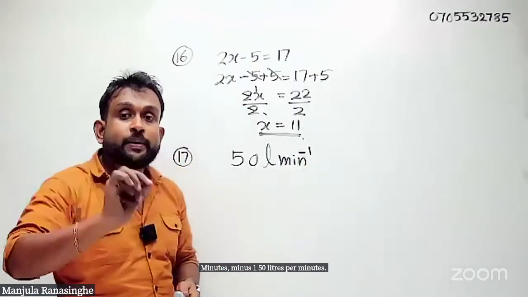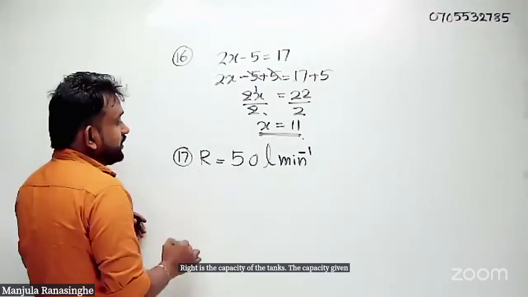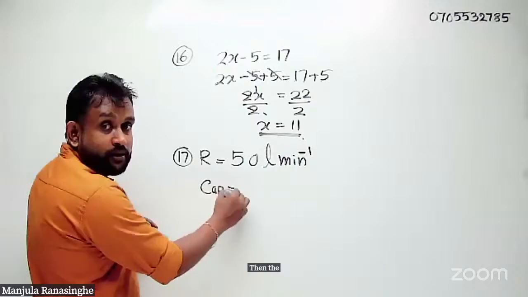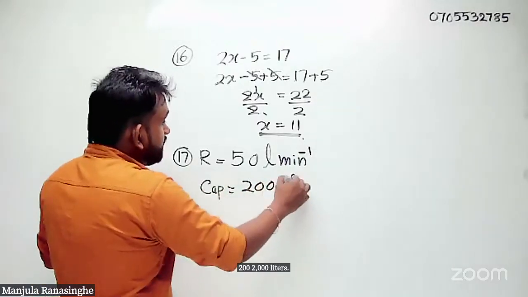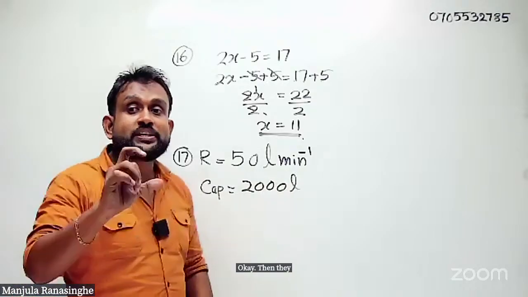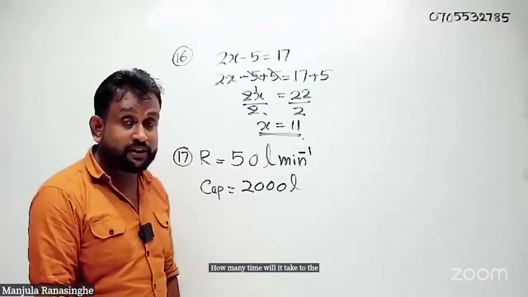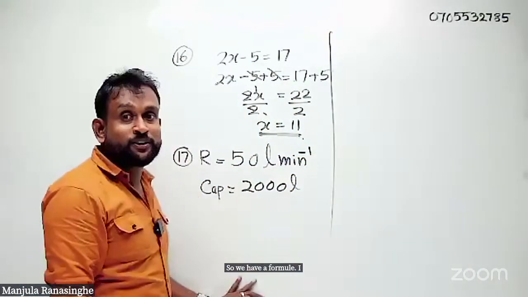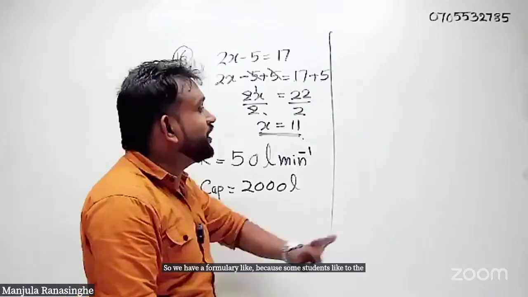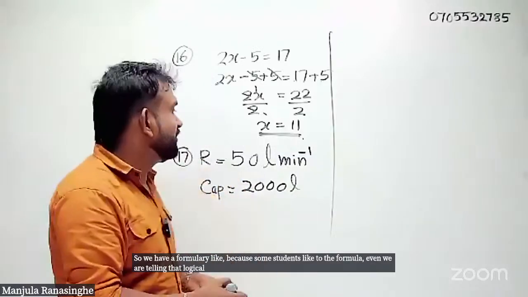Right. If the capacity of the tank, the capacity given, this is what we call the rate, then the capacity given is 2000 liters. Then they're asking how much time will it take to fill the tank completely. So we have a formula. Some students like the formula, even though we are telling the logical method.